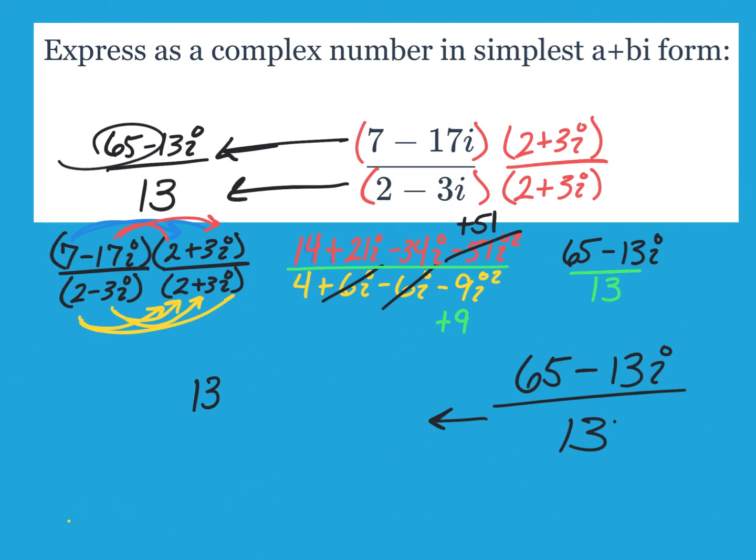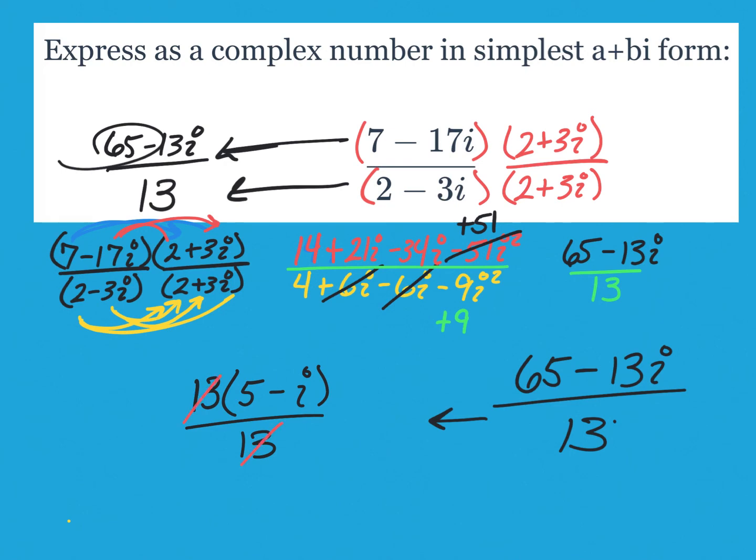So since we can factor a 13 from 65, this would give us 5 minus 1i, so I'll just put i over 13. And now actually this 13 does cancel. Did not see that one coming.